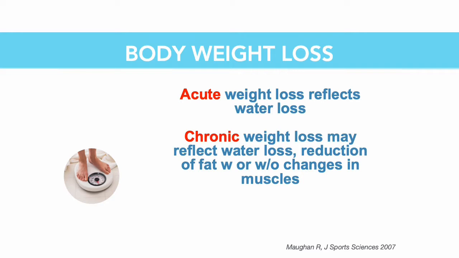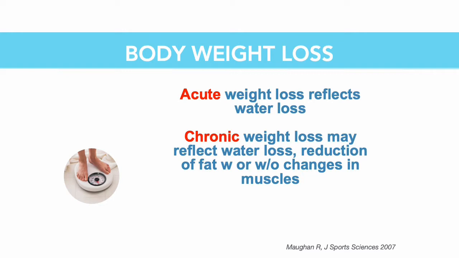There are some factors that we have to take into consideration, and there is an interesting article that was published actually more than about 15 years ago by Ron Mon that he talks about some potential pitfalls. But overall, changes in body weight is what we use as a gold standard.